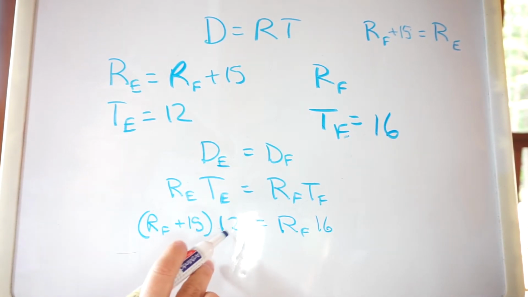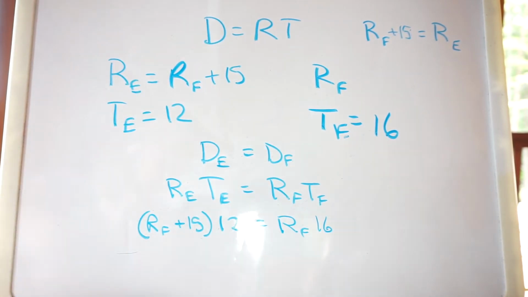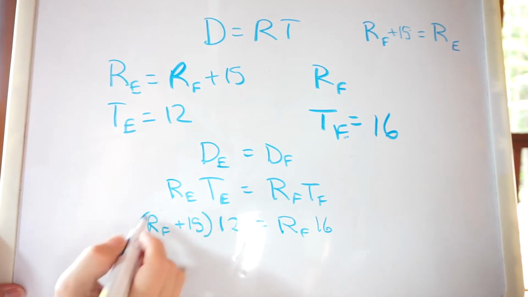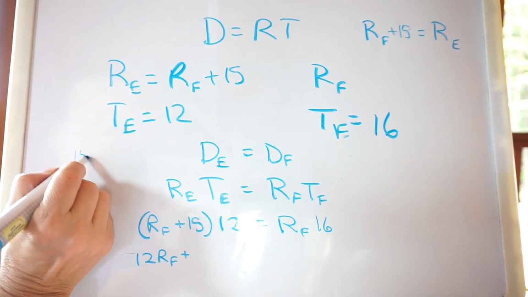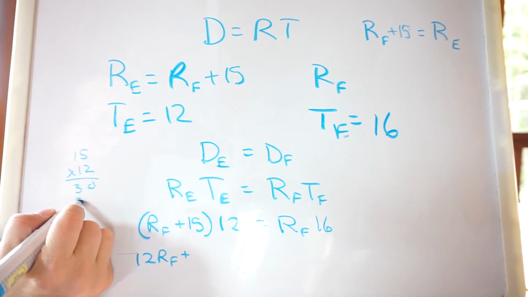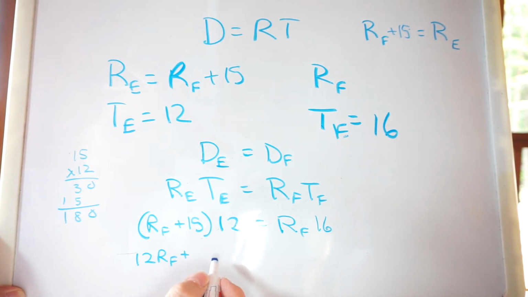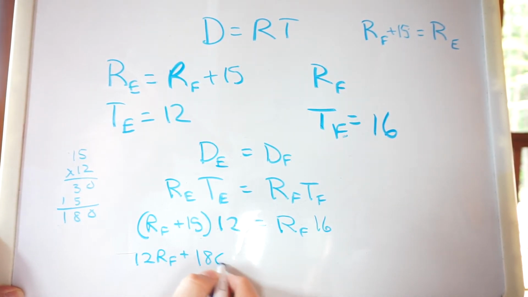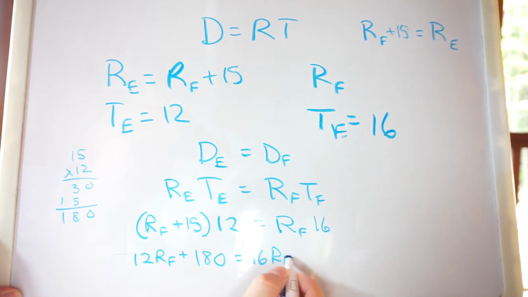Now I'm going to have to distribute this 12 across these parentheses. So 12 times RF is 12 RF, and 15 times 12 is 180, and that's equal to 16 RF.